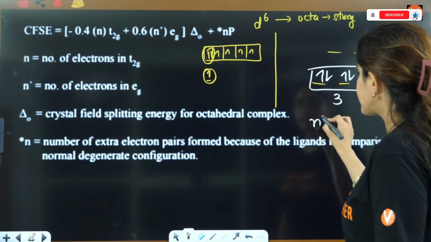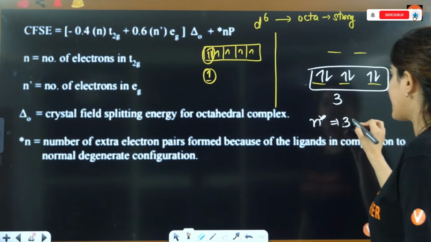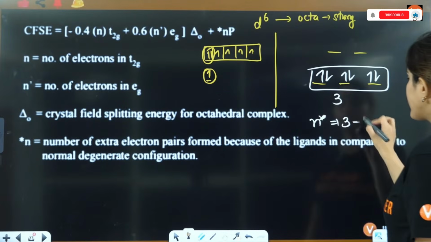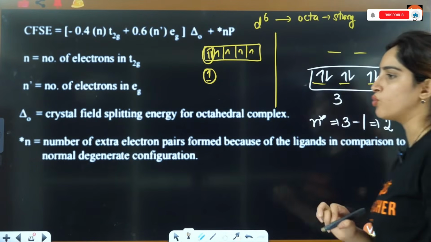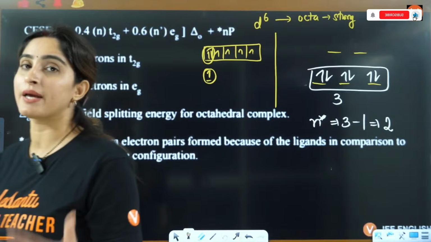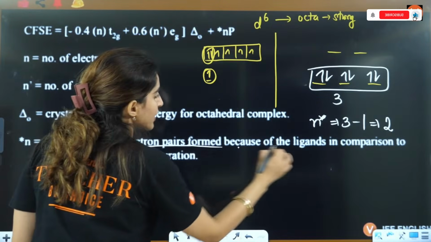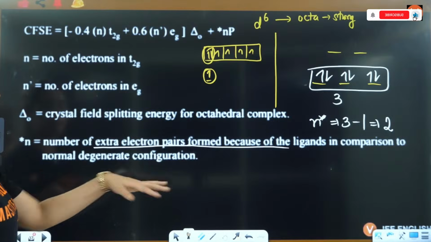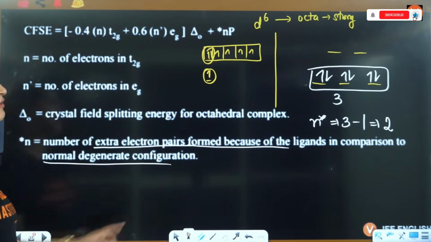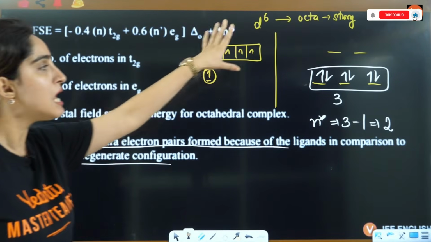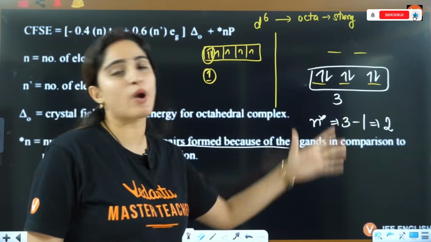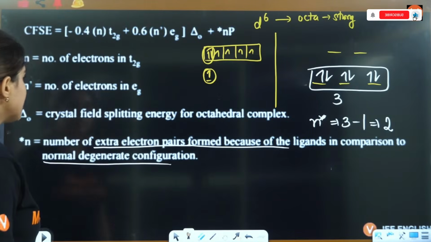So n star will be the number of pairs that you have now minus the number of pairs that you had before, that is 2, the extra pairs that you have. That's why n star is the number of extra electron pairs formed because of ligands in comparison to the normal degenerate configuration. This is normal and here you have 2 extra pairs, right?